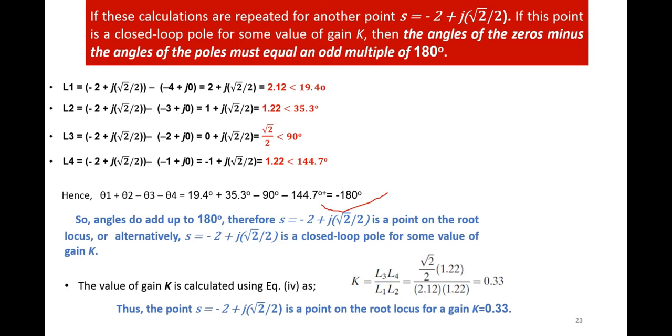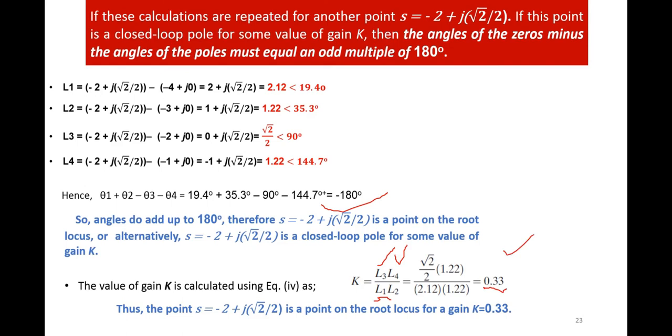If it is lying on the root locus, then we can find the value of k by taking the product of the lengths of the poles divided by the product of the lengths of the zeros. This is the way to find the value, and at this other point in this example, it is 0.33.